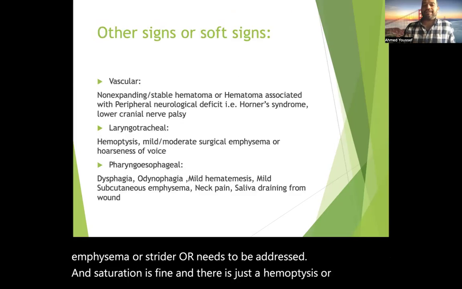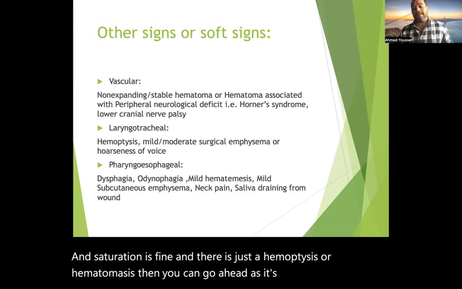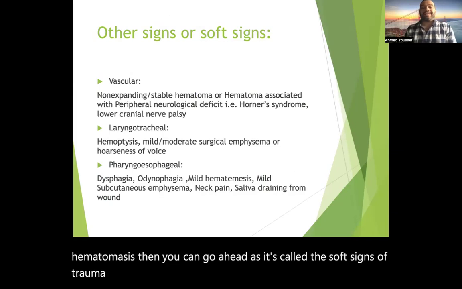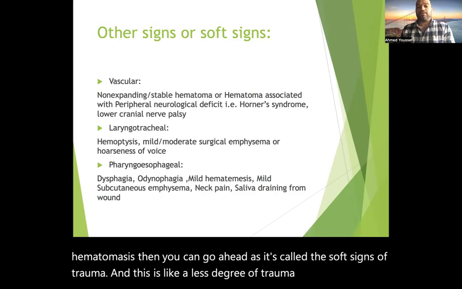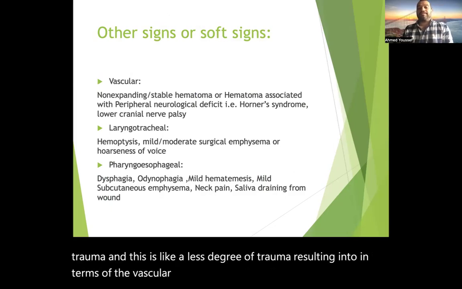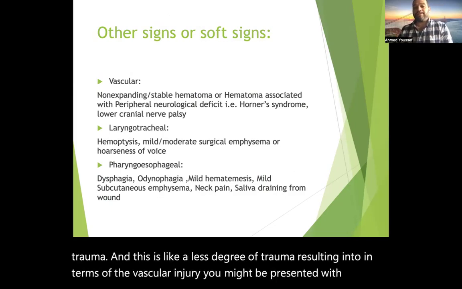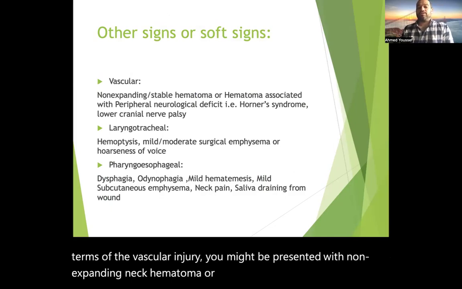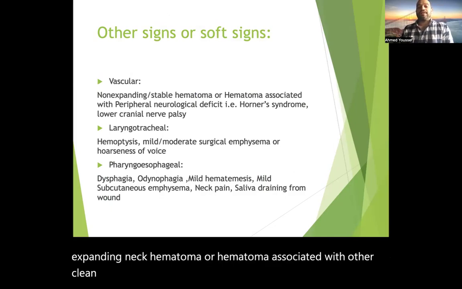Then these are called the soft signs of trauma. This is a lesser degree of trauma. In terms of vascular injury, you might be presented with a non-expanding neck hematoma, or a hematoma associated with other cranial nerve deficits, like lower cranial nerves or Horner syndrome.